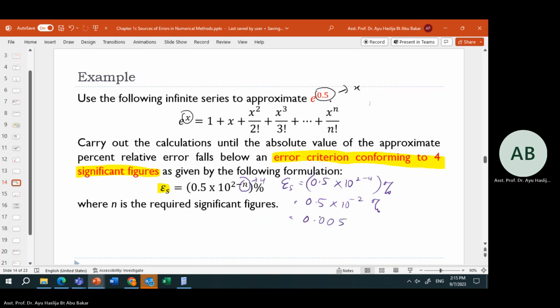Correct. So this is the percent, 0.005%. This is your stopping criterion. You must stop at below this error value.